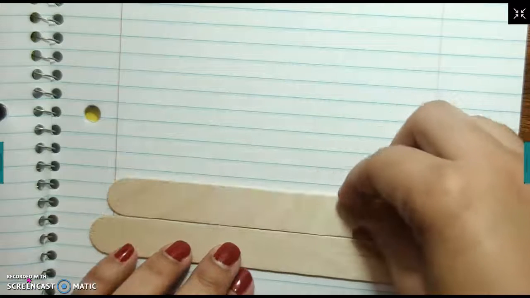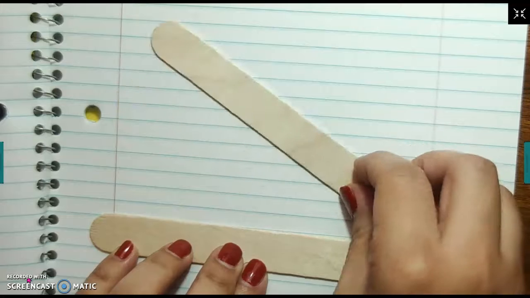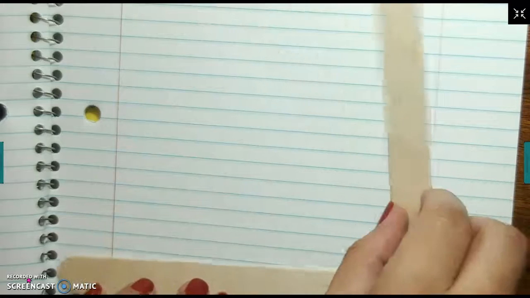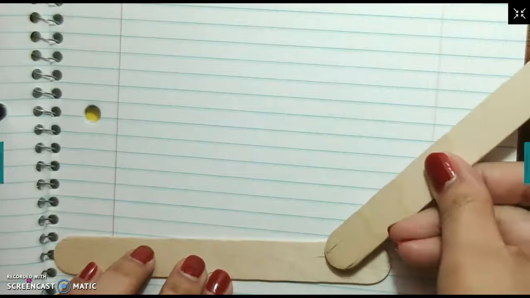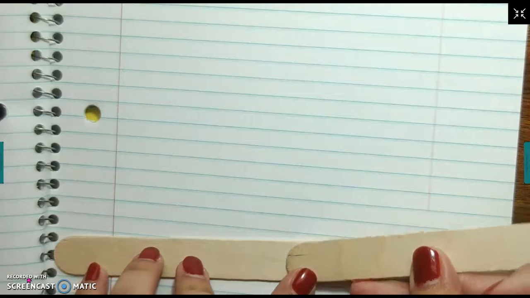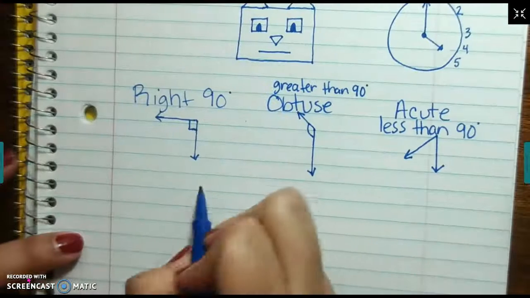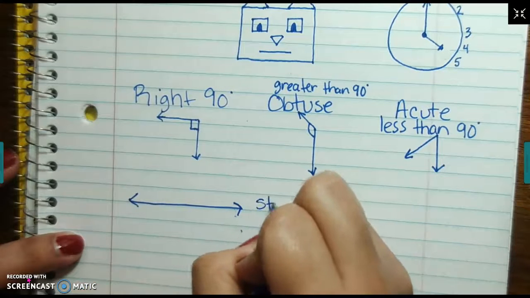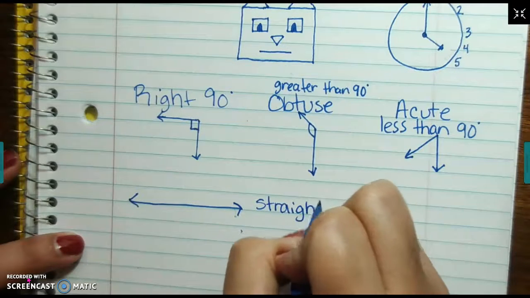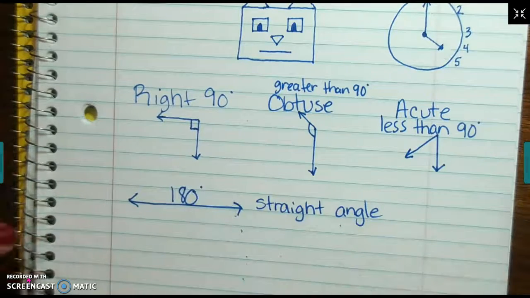Because remember, this is, for example, 10 degrees, 20, 30, 40, 50, 60, 70, 80, 90. And then we would say 110, 120, 130, 140, 150, 160, 170. And once you get to 180, you're actually just going to form one straight line. So there's actually an angle called a straight angle. And that straight angle will always measure 180 degrees.